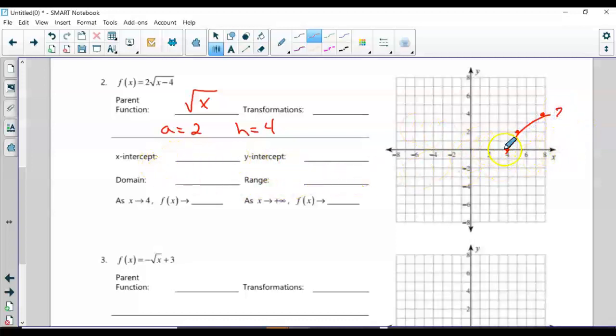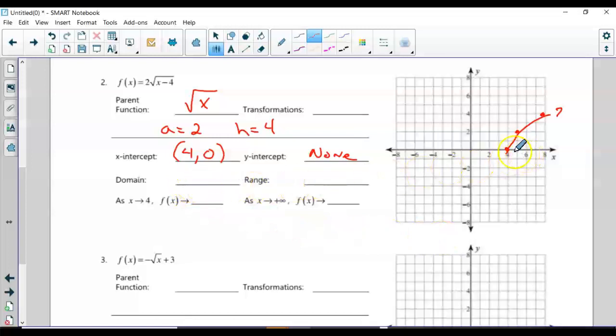All right, so our x-intercept is at (4, 0). Since we shifted to the right, it doesn't touch the y-axis. So there is none. So there is not a y-intercept. It doesn't touch the y-axis.